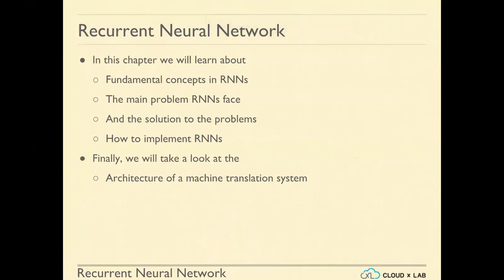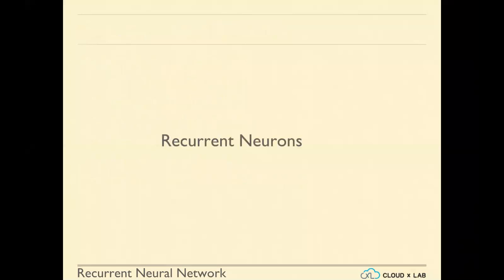And finally, we will take a look at the architecture of a machine translation system. Before these, we are going to walk you through one stock prediction example where we'll have dummy data, and before that, we will try MNIST on RNN. All right, so let's get started. Any questions before we start?